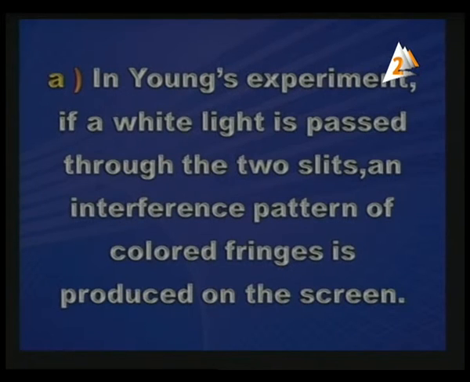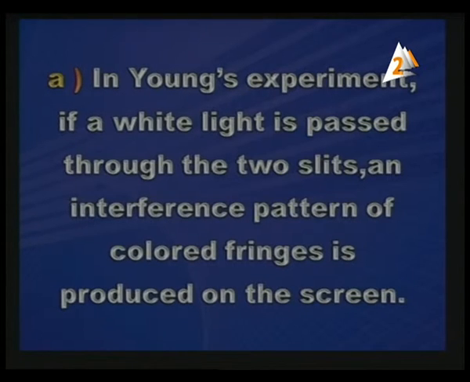We could use Young's experiment. In Young's experiment, if a white light is passed through the two slits, an interference pattern of colored fringes is produced on the screen. This is if we use white light.